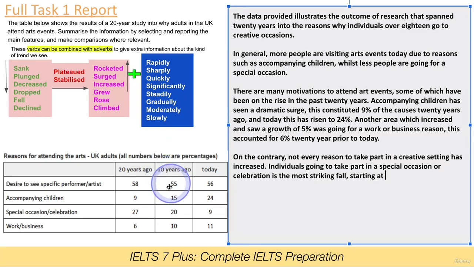Starting at, let's have a look, 27%. Starting the research, another way of saying 20 years ago, or maybe at the beginning of the study, it stood at 27%.